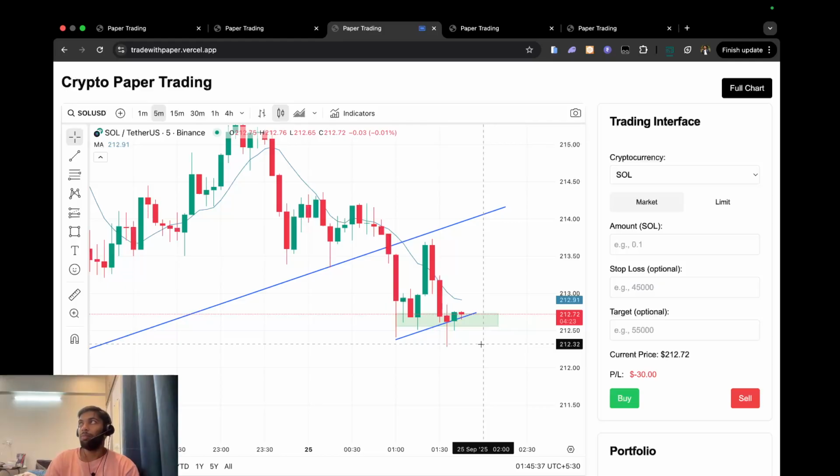So I will trade in my direction. My direction is the downward direction, and I will wait for my setup. I have to practice patience a lot, yeah.